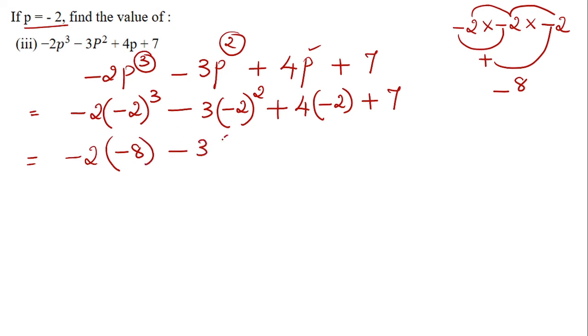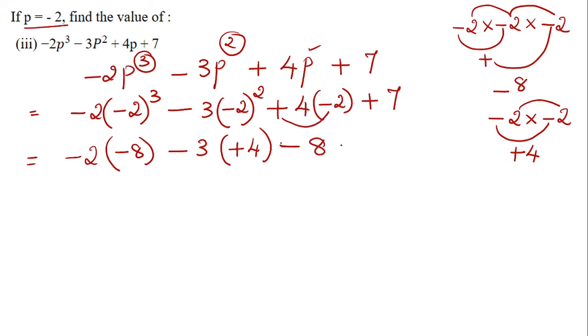Minus 3 into, here it is, minus 2 into minus 2. Minus into minus is plus, 2 into 2 is, so here it is plus 4. And here you have 4 into minus 2, plus into minus is minus, 4 into 2 is 8, and then we have plus 7.